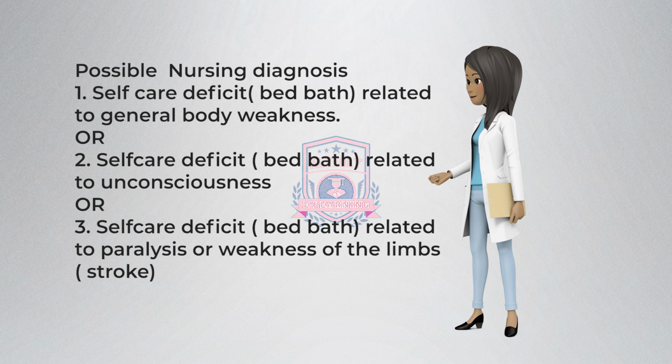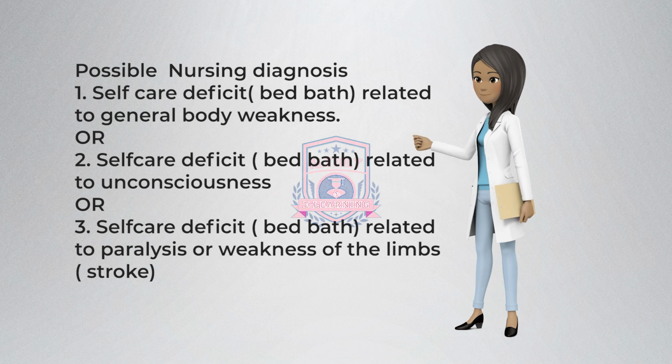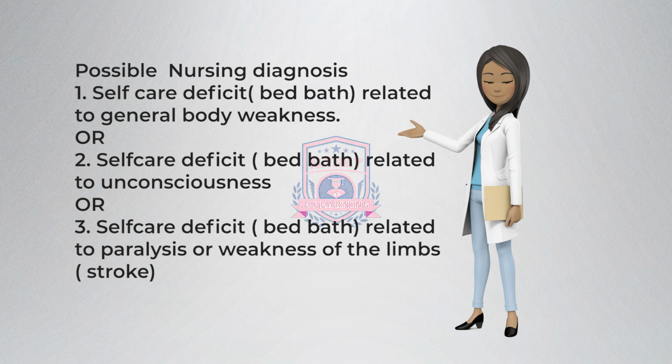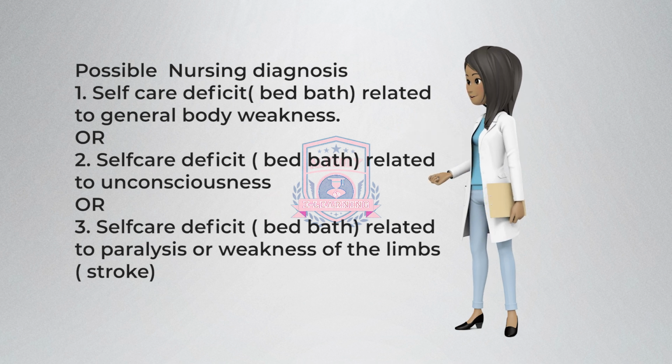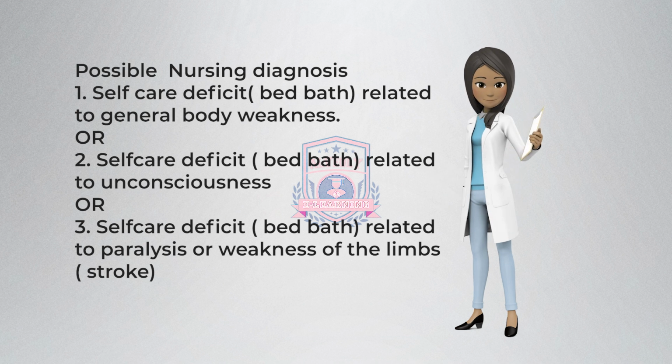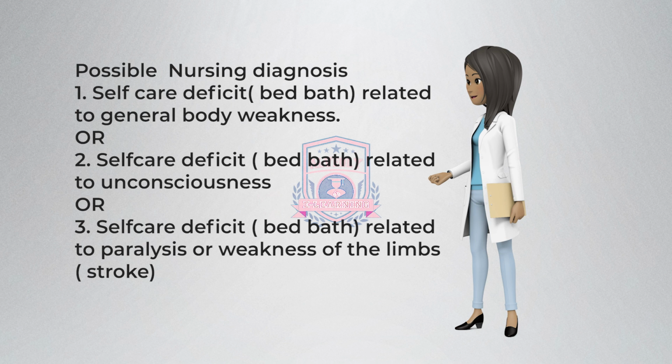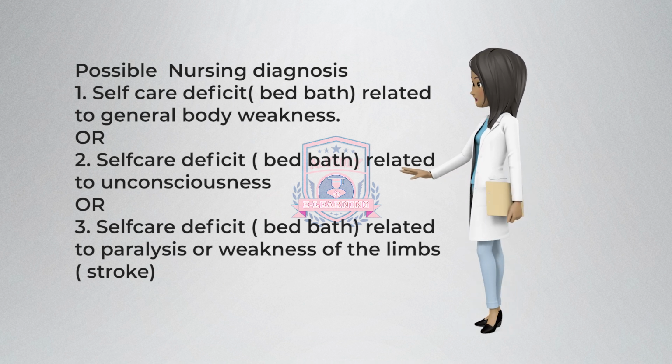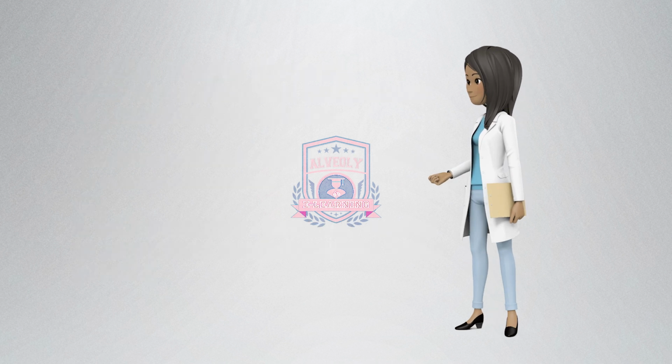Possible nursing diagnosis: 1. Self-care deficit, bed bath, related to general body weakness. Or 2. Self-care deficit, bed bath, related to unconsciousness. Or 3. Self-care deficit, bed bath, related to paralysis or weakness of the limbs, stroke.